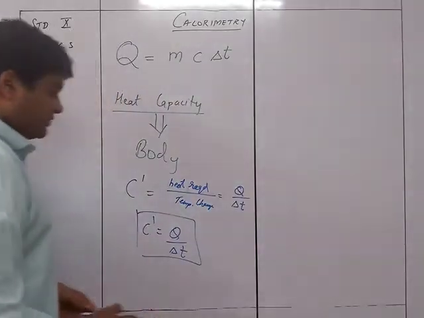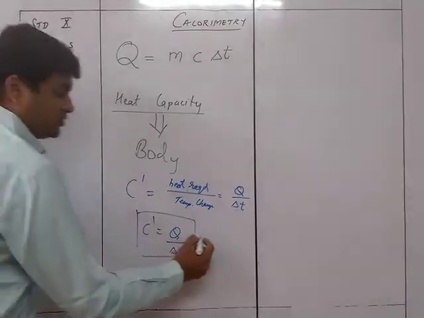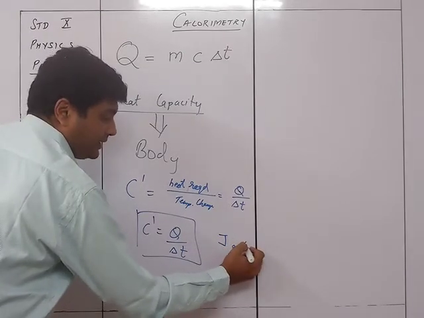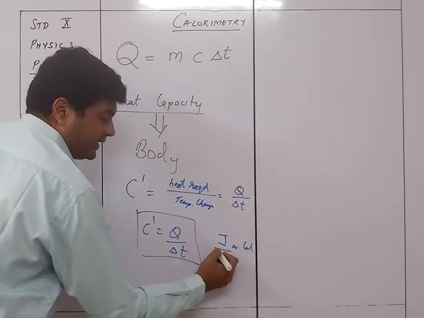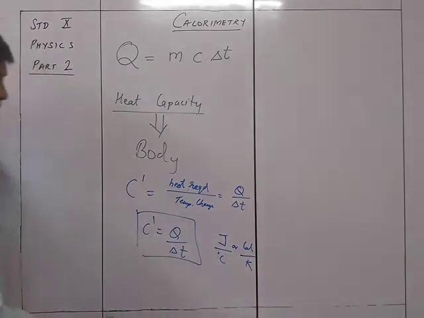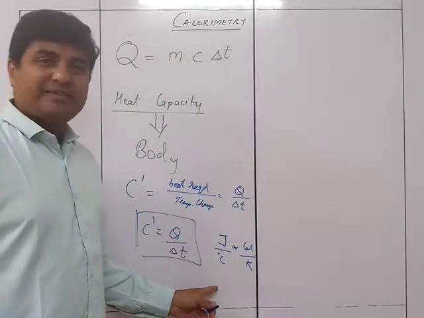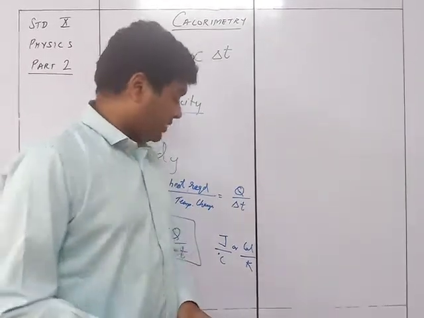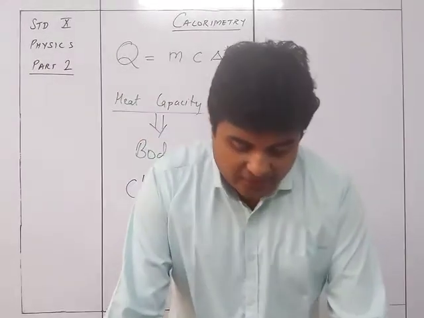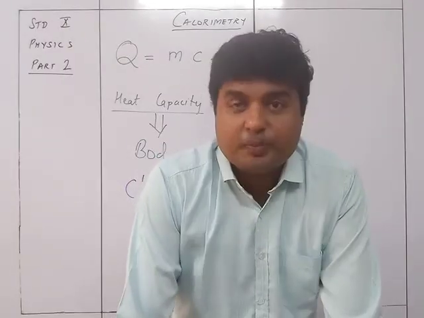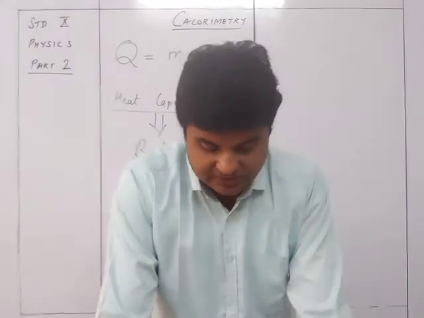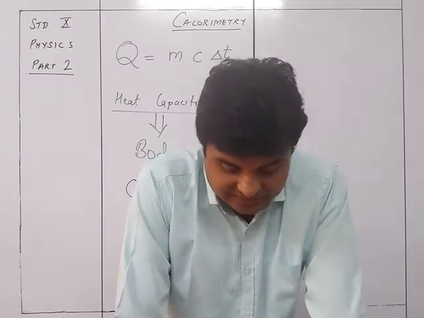Now let's see the units of heat capacity. Heat is measured in joule or calorie, and temperature is measured in degree Celsius or Kelvin. So the unit will be joule per degree Celsius or joule per Kelvin, or calorie per degree Celsius or calorie per Kelvin. The SI unit of heat capacity is joule per Kelvin. It is also written as joule per degree Celsius.